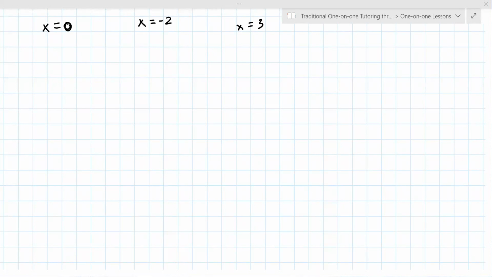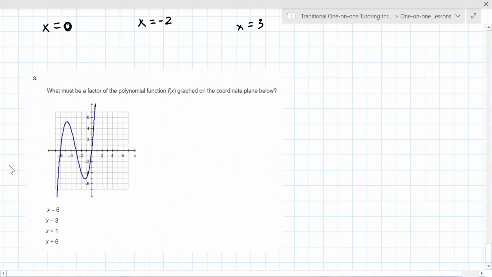Number 8 is actually much easier. I guess I didn't look that much ahead. Okay, so to determine the factors, you first need the zeros.